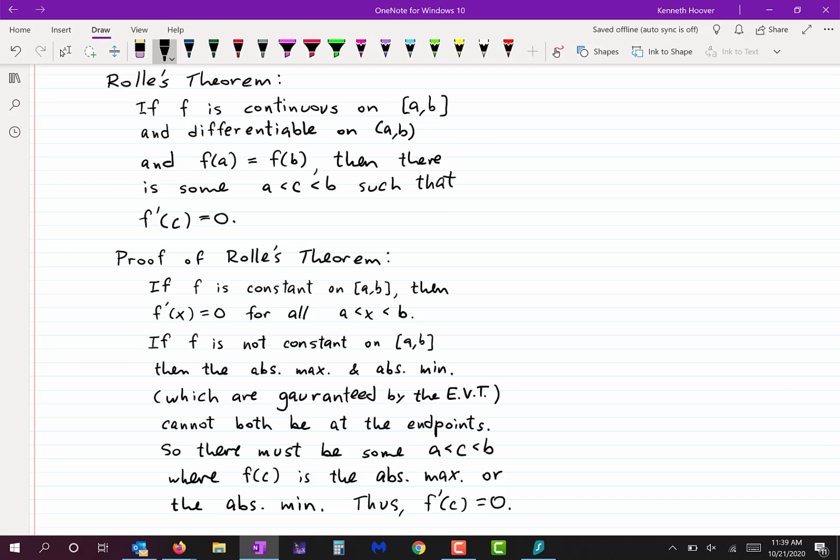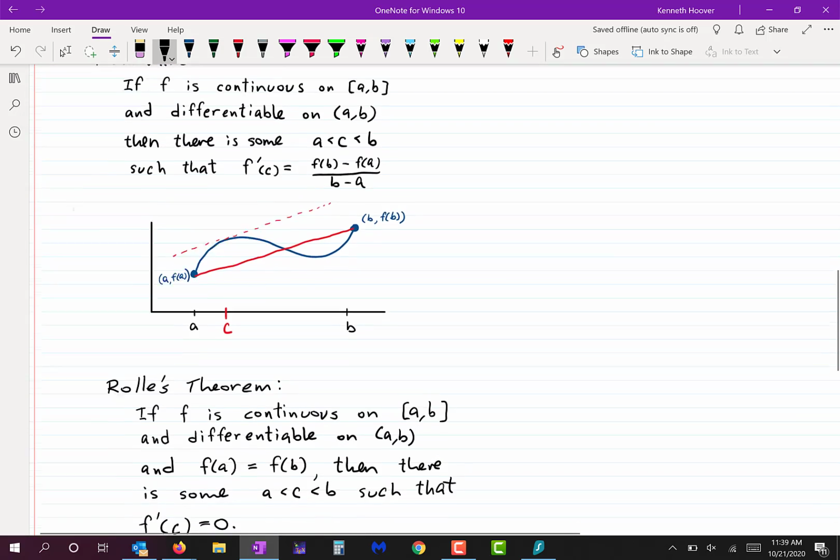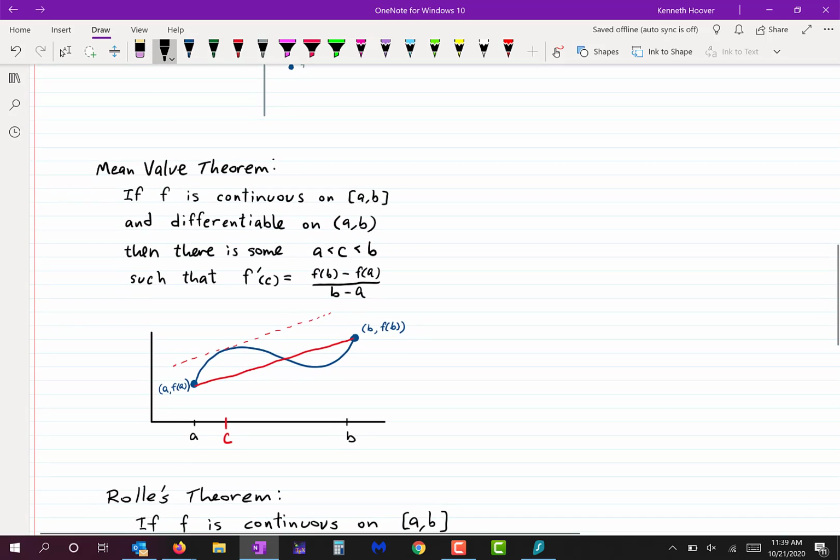Now, proving the mean value theorem becomes super easy. And even though this might be looking a little bit out of order, I'm going to scroll up and we will write the proof of the mean value theorem right here.